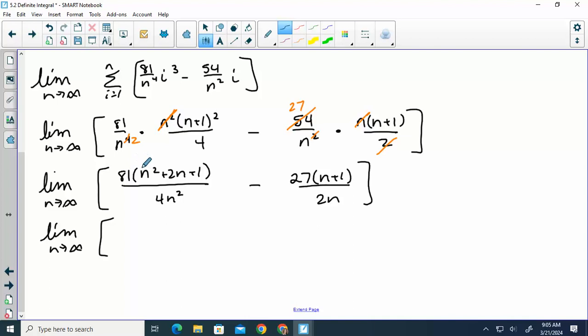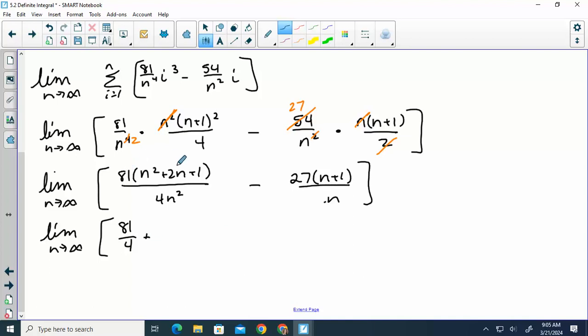So it becomes 81n squared over 4n squared. Yes. So 81n squared over 4n squared becomes 81 over 4.